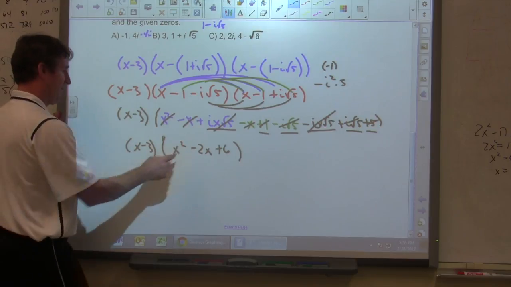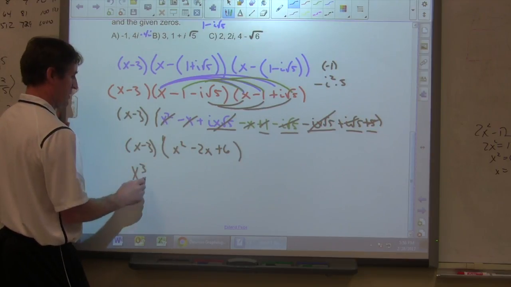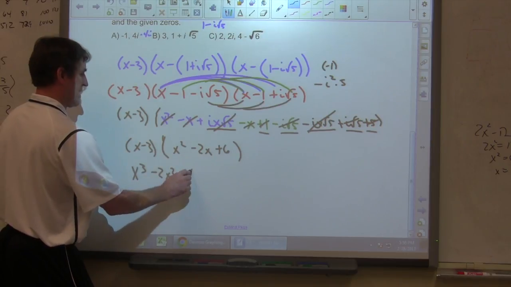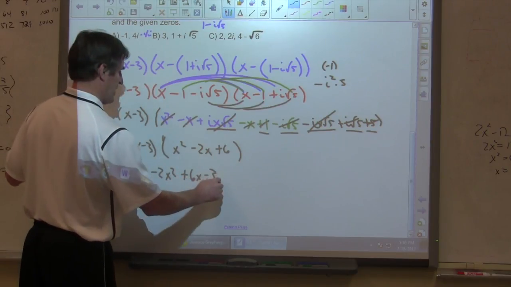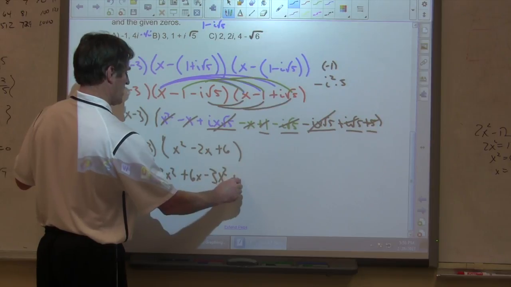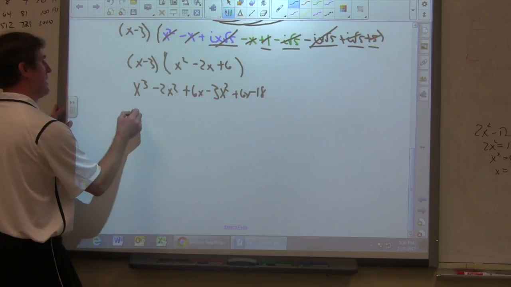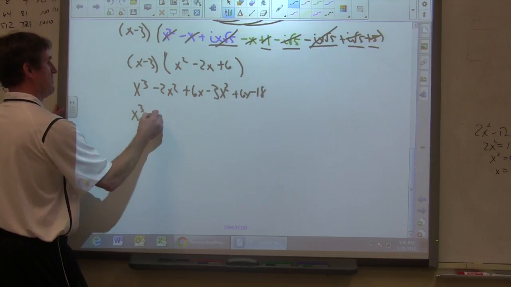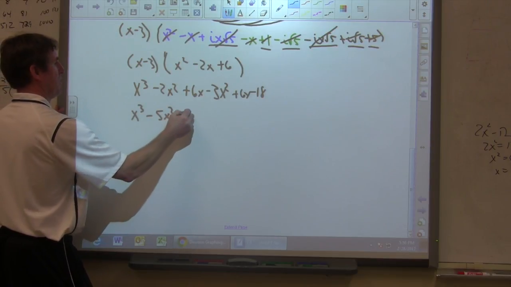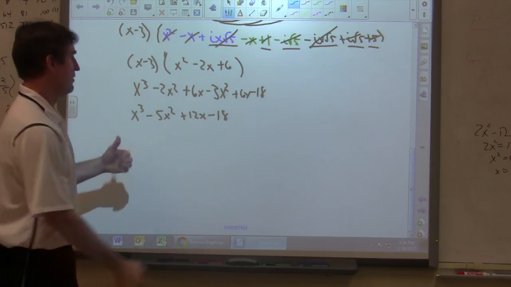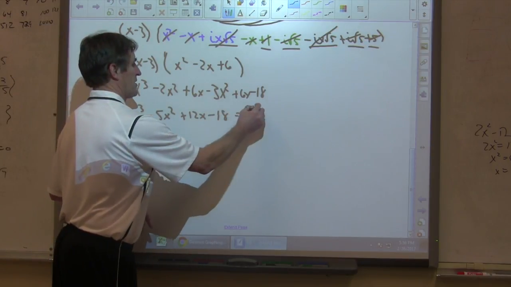So if you did that, you would have gotten x cubed minus 2x squared plus 6x minus 3x squared plus 6x minus 18. And so your answer should have been x cubed minus 5x squared plus 12x minus 18. And we're done. Equals f of x.